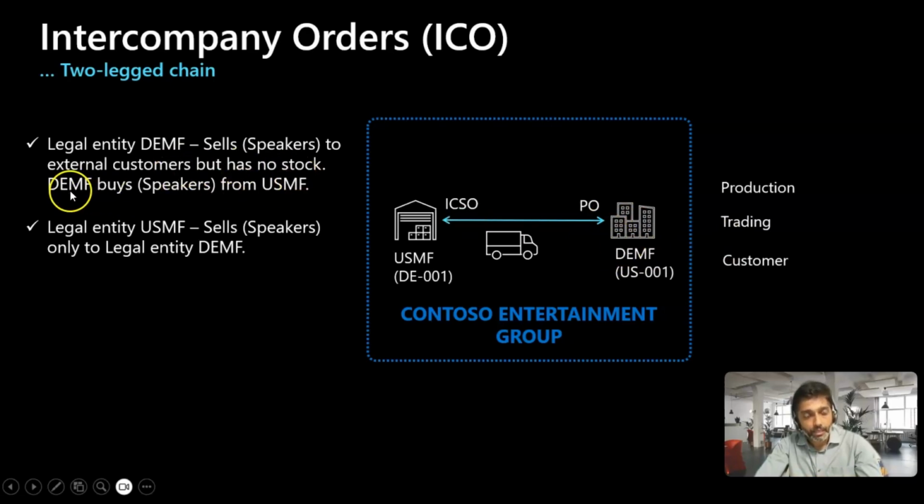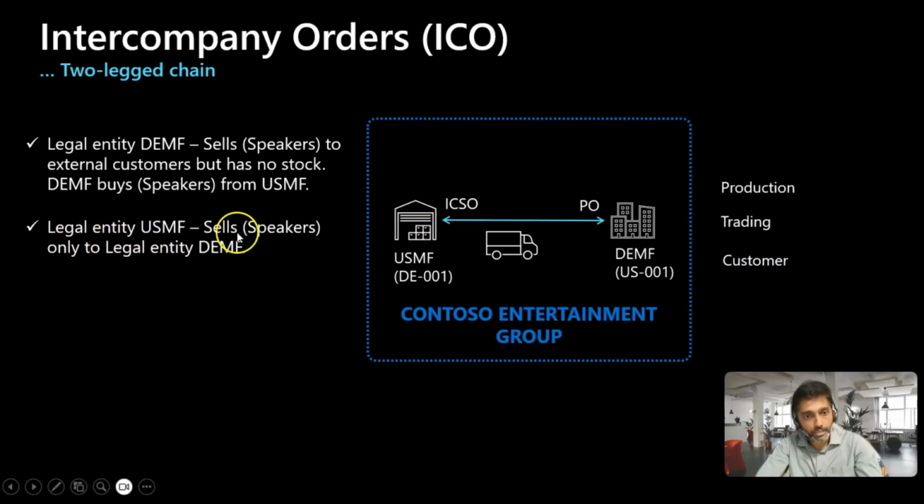But DEMF buys speakers from USMF. So DEMF is not manufacturing the speakers, and at the same time it has a buying relationship with the legal entity USMF. USMF is within the Contoso Entertainment Group, with which it has entered into an agreement to buy the speakers through intercompany orders.